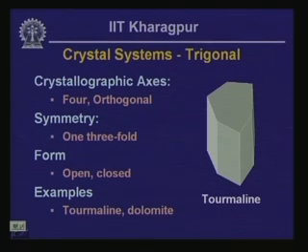The form in this case could be again open or closed, and examples include tourmaline and dolomite. A schematic of a tourmaline crystal is shown here, and you can see that tourmaline is an open form crystal, and the 3-fold symmetry is pretty obvious by looking at the nature of this crystal.